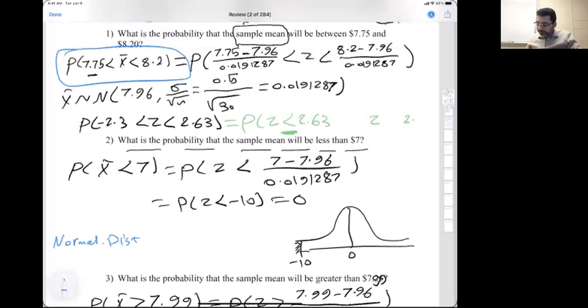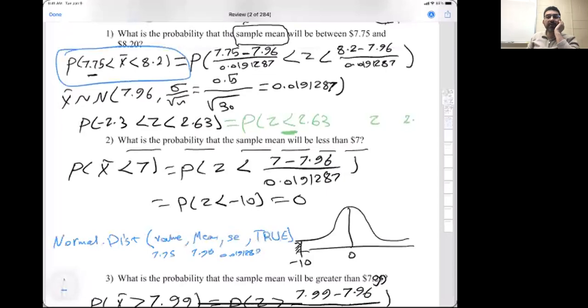This function needs the value, of course, our value here, for example, is 7.75. We need the mean, 7.96. We need the standard error, 0.0191287, and because it's a cumulative probability, you have to put true.